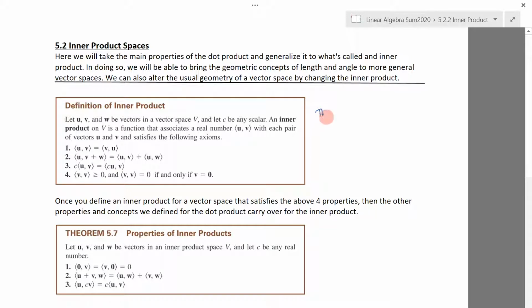So the result of calculating the inner product, say <u, v>, is a real number and not a vector.